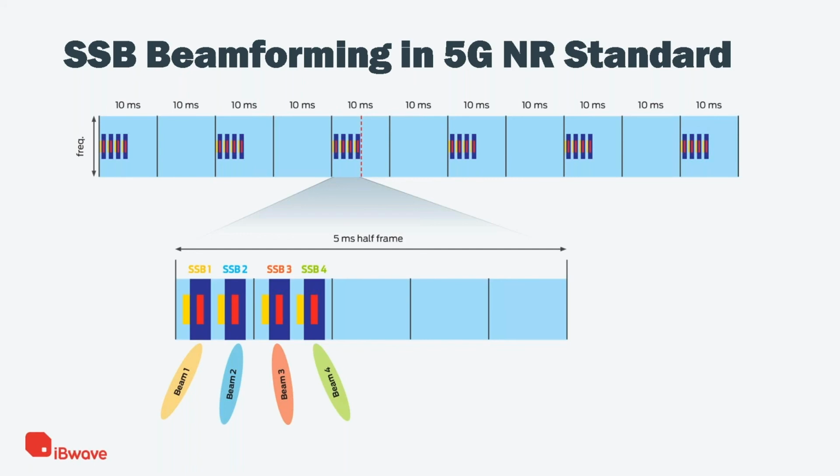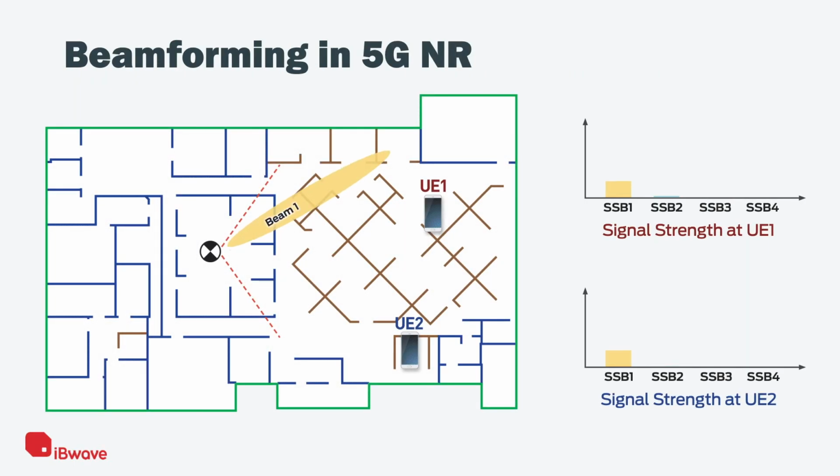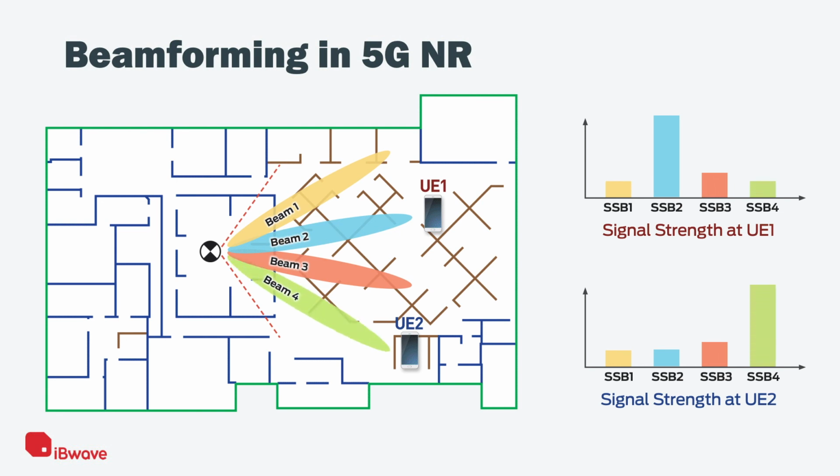If we take the example of sub 3 gigahertz, we may have only 4 SSBs, and these SSBs in 5G can be sent with different beams. Each SSB has its own index, so the receiver will know what the beam is for each SSB. And this is illustrated in this kind of figure.